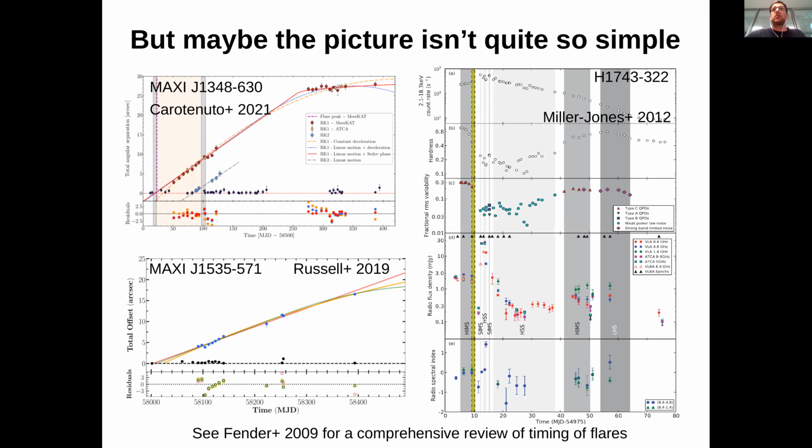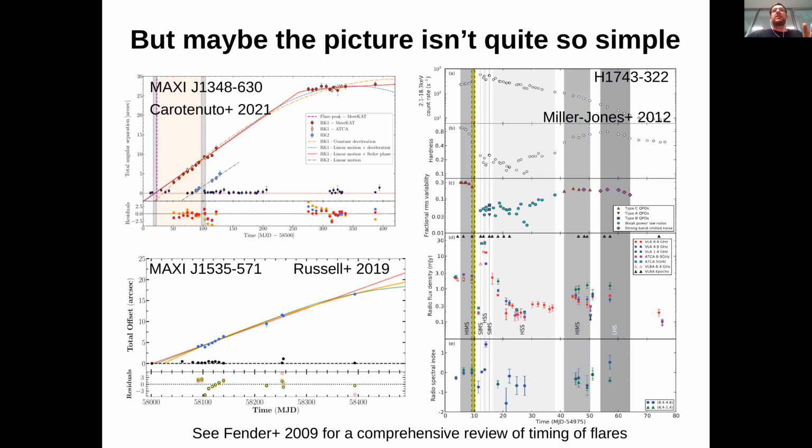The best other studies where this has been done, some work again by Francesco, some work by myself and some work by James Miller-Jones, all seem to suggest that the jets were launched a couple of days before the first onset of the type B QPO.